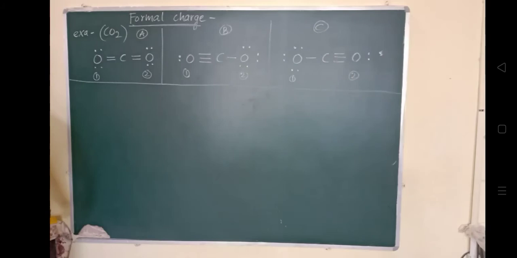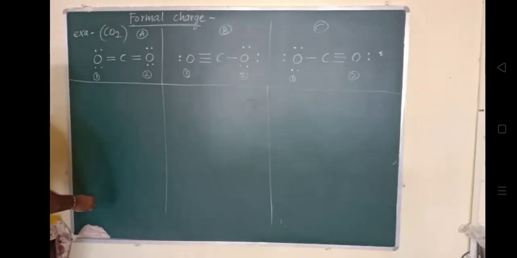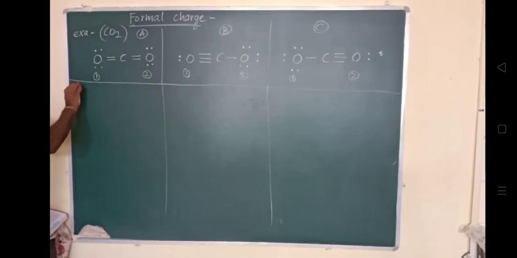So the very first case, let's draw it one by one, assigning the formal charges on the carbon atom and the two oxygen atoms. For structure A.